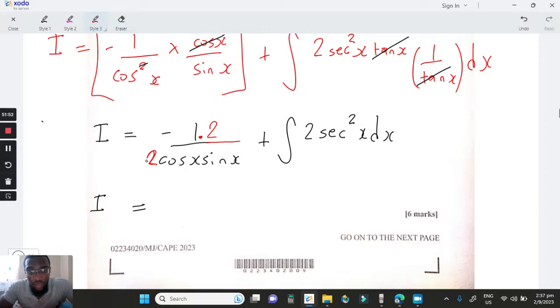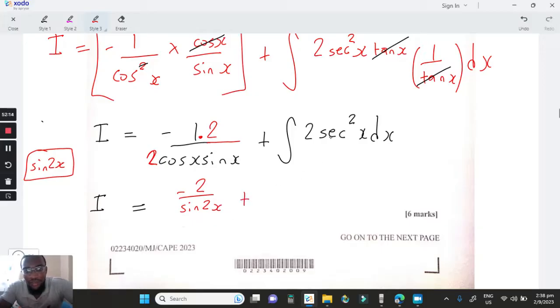Alright, so I put 2 over 2. These can cancel each other, because 1 times 2 is 2. But when I say 2 cos x sine x in the denominator, this is sine 2x. That's the identity for sine 2x. So in other words, this part is really negative 2 over sine 2x. Right?